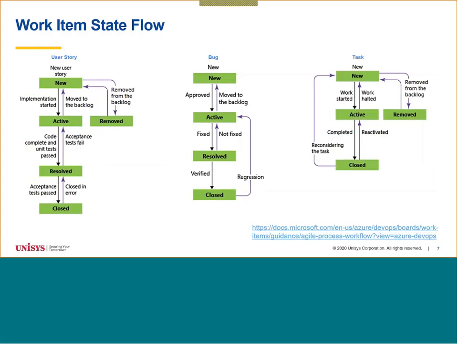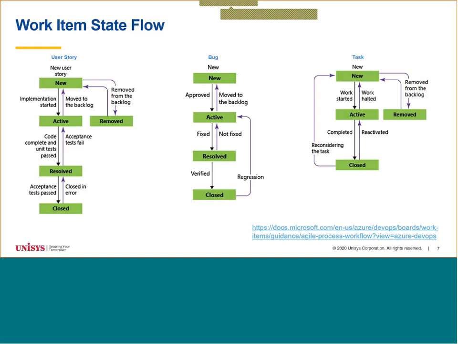You can't just go from new to closed, for example. You may be able to cancel it, but you can't just leap from one state to the next without going through the intermediary ones. And again, you can create your own work item states or processes.